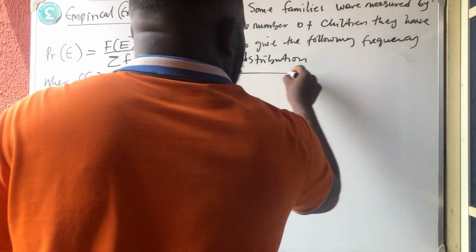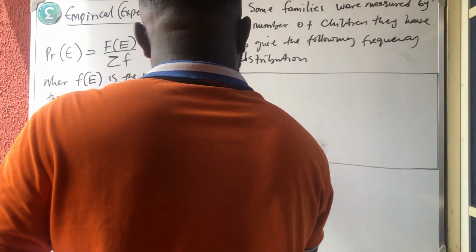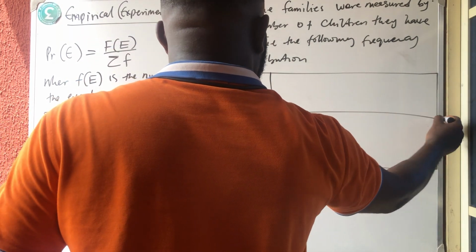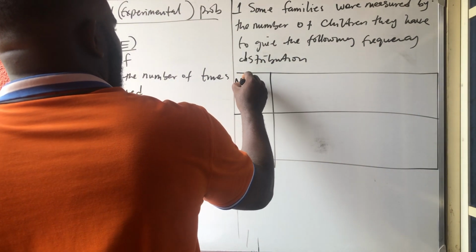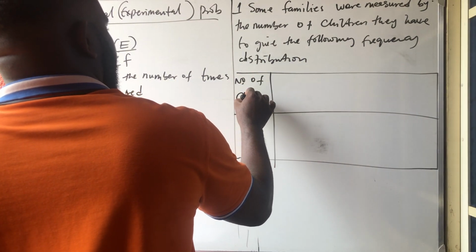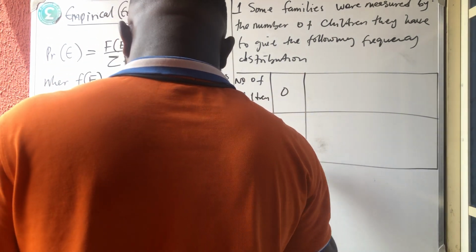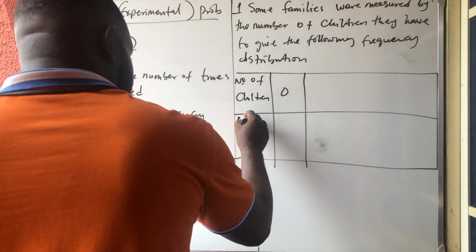Okay, this is the following frequency distribution. We have number of children, and we have 0, and then we have number of families.